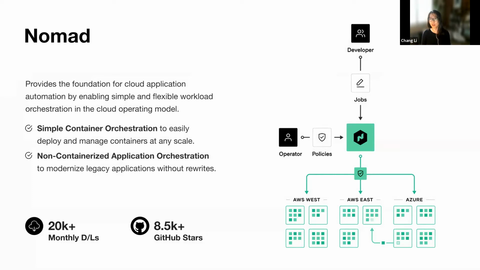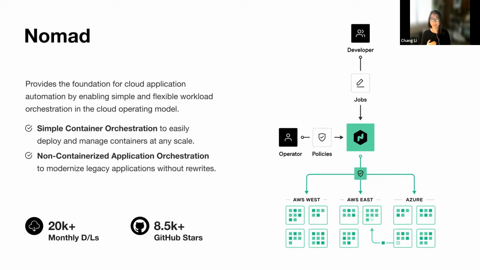But it eventually comes down to 2 fundamental strengths that Nomad uniquely has, which is simplicity and flexibility. The simplicity aspect really enables organizations to deploy and manage containers at any scale without additional complexity or a lot of mental overhead.